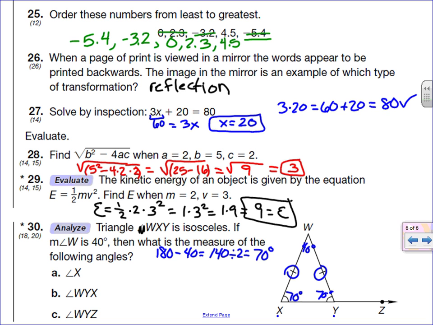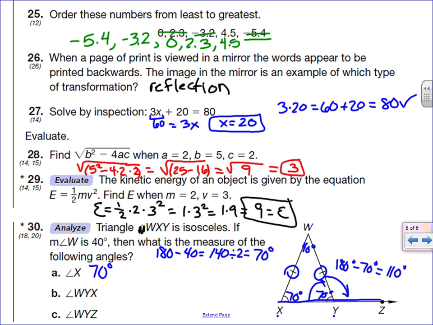And then, since this line here is 180 degrees, this much is 70, that says that this must be 180 degrees minus 70, which is 110 degrees. So angle X is 70 degrees.